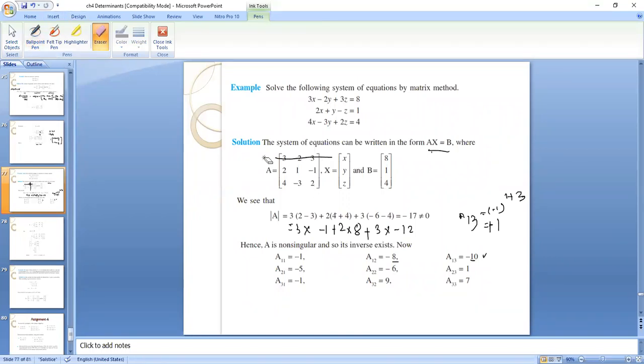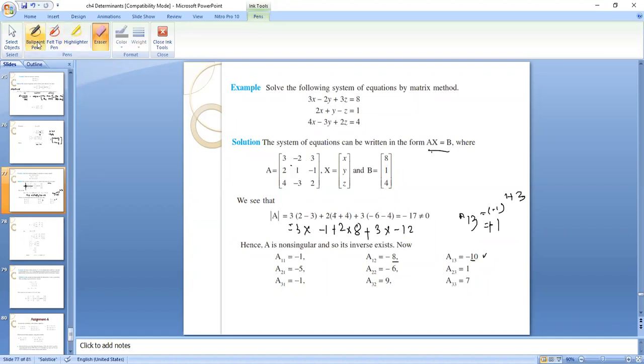Then after that, we will be finding cofactor for A21, this element, second row, first column. So it will be minus 4 plus 9, 5. 5 we will multiply with minus 1 because of this power. Minus 1 raised to power 2 plus 1. So it will be minus 5.